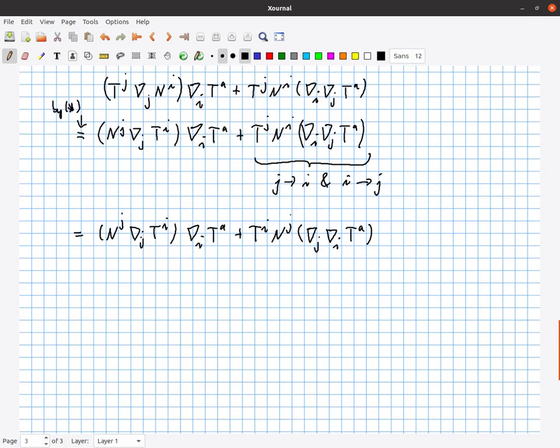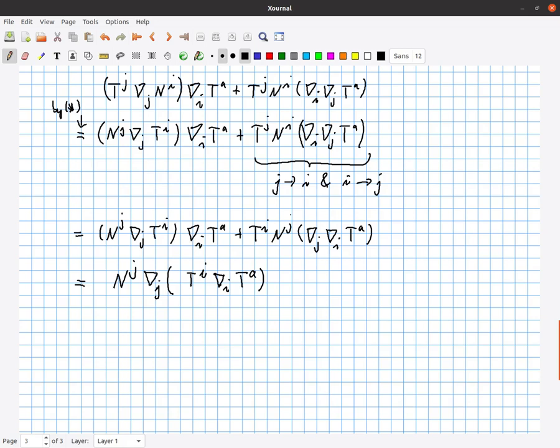And what we now see here is something like the product rule appearing. Namely, we can now say n^j nabla_j acting on t^i nabla_i t^a.